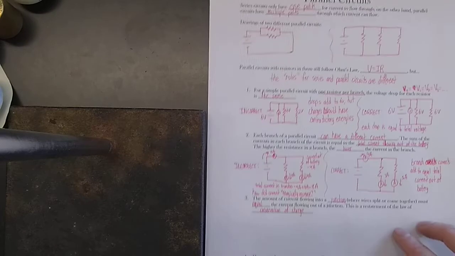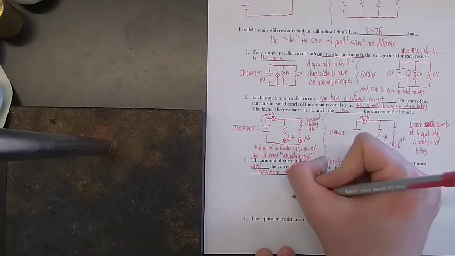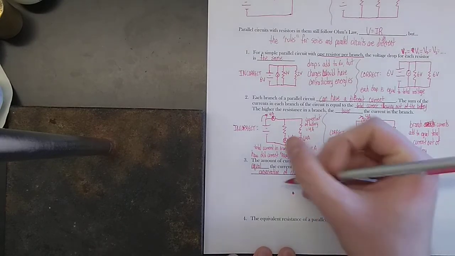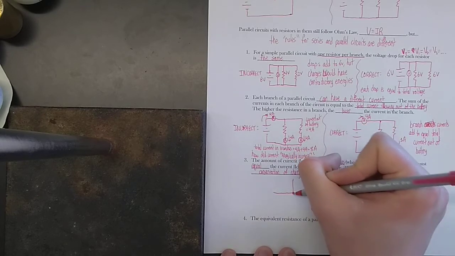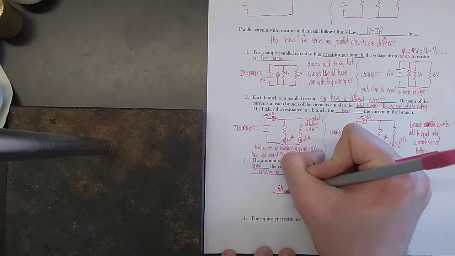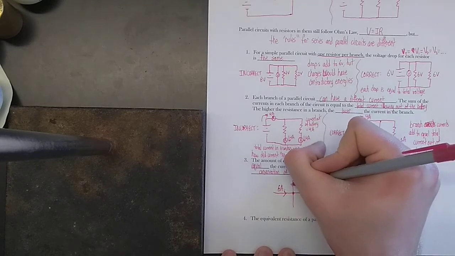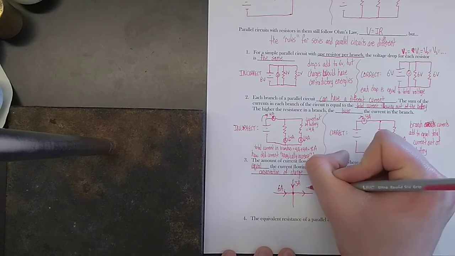So let me just demonstrate this for you real quick. You sometimes see these questions. Let's say that you have a junction right here, and you have some wires coming into and out of this junction. Let's say that you have 6 amps flowing in this way, and you have 5 amps flowing in this way. You have 7 amps flowing out this way.